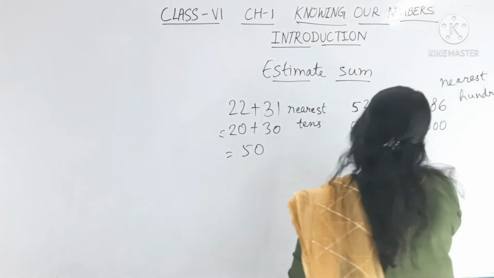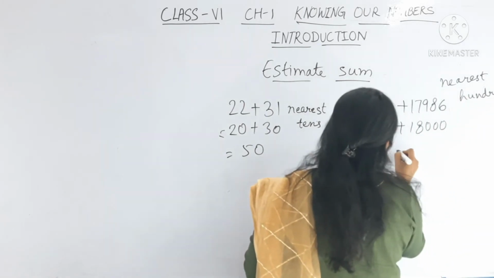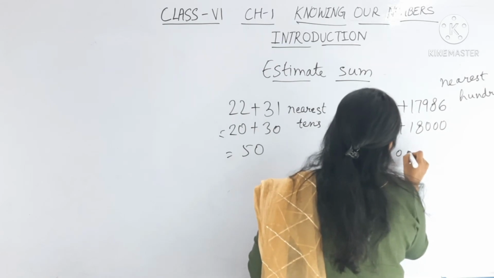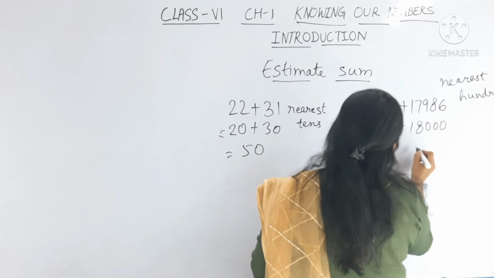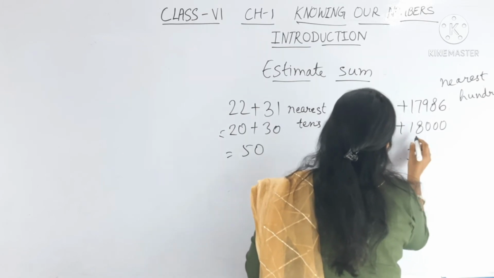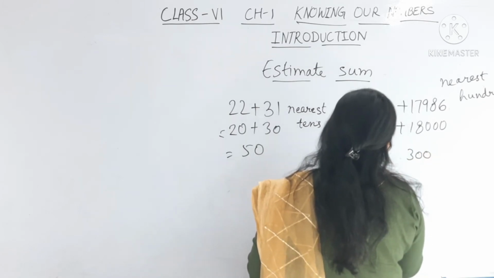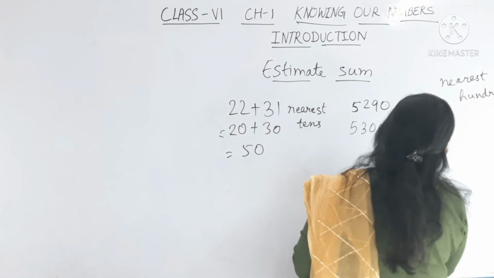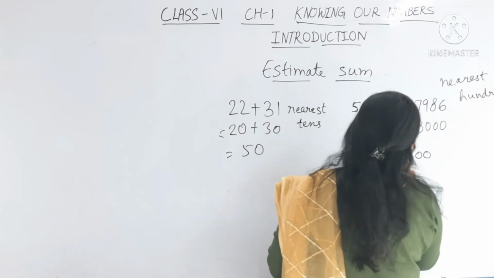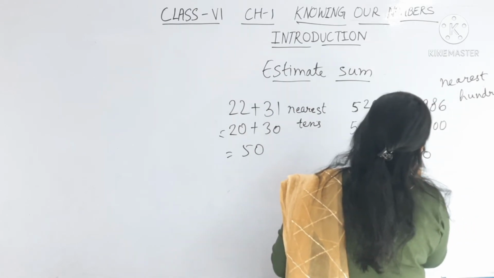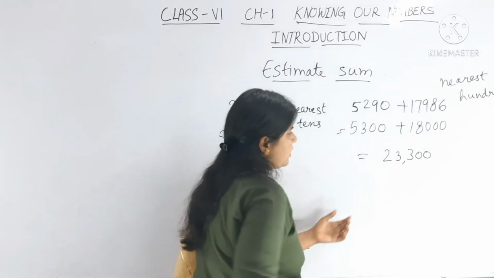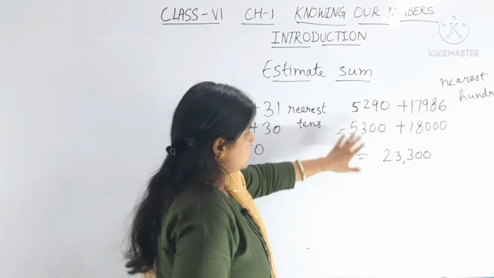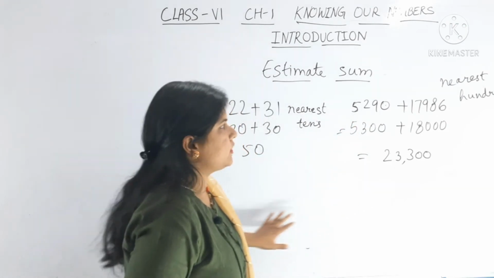So the estimate value will be here 300, and 18 plus 5 will be 23, so it is the estimate value, that is the approximate value for this number, that is 23,300.